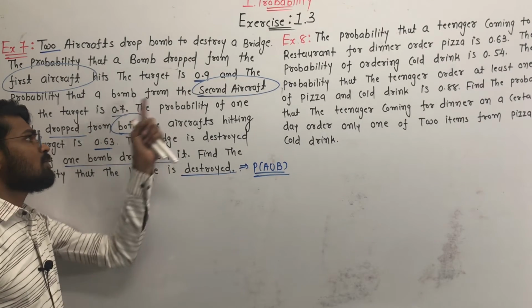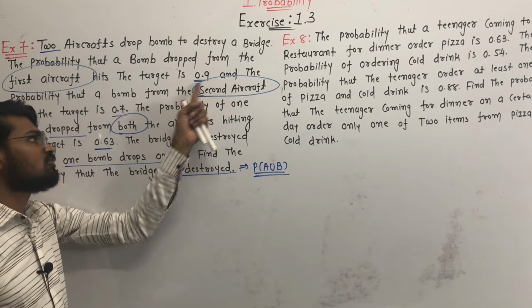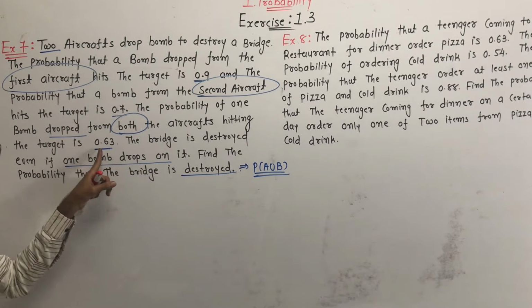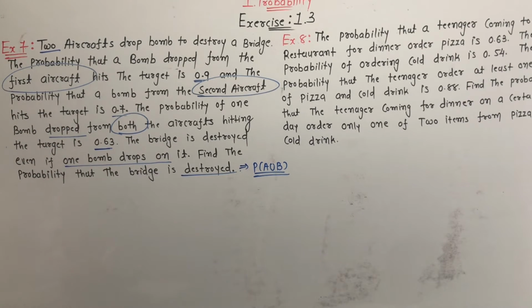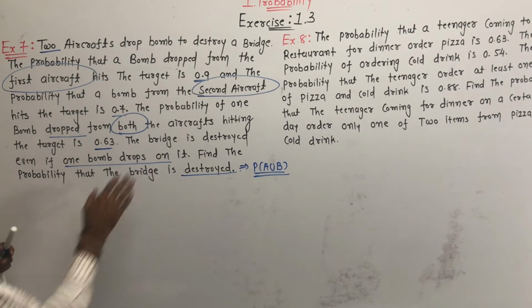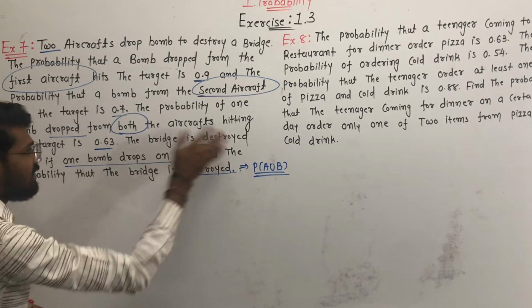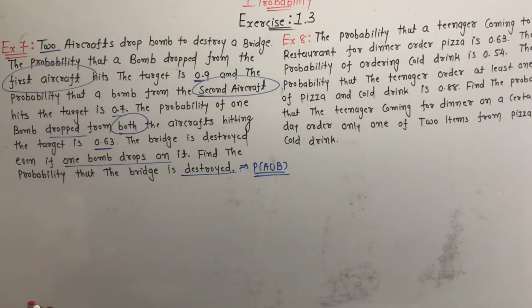Next, this is the probability of event A. P of A is equal to 0.9, P of B is equal to 0.7, and the third probability is 0.633. For what? The probability of the bombs from both the aircraft hitting the target is 0.633. From both means and.